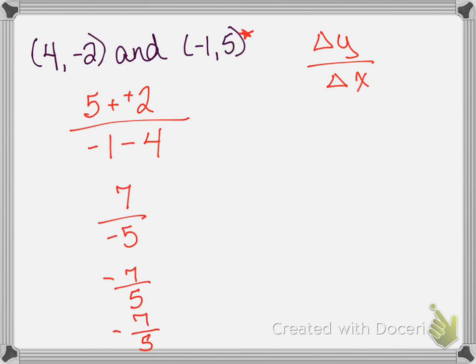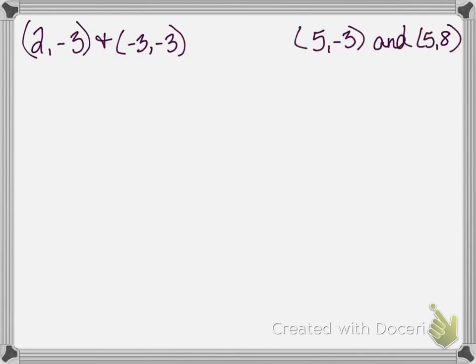Now, I want you to do the next two. I want you to do both of these. Okay. So what happens here is I do negative 3 minus negative 3. And what do I get in the numerator? 0. Okay?